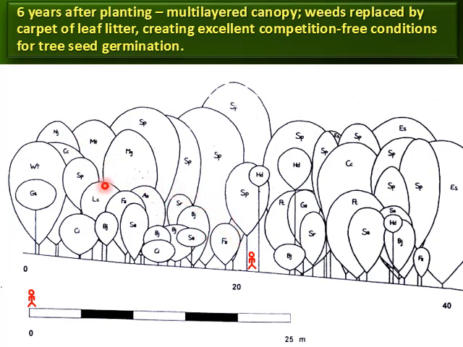And then beneath that, you have the more shade-tolerant climax trees. We've got a Bischoffia and Quercus and a couple of other things. So the return of structure is a very real and very rapid phenomenon.